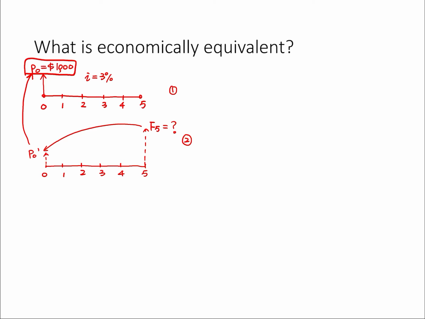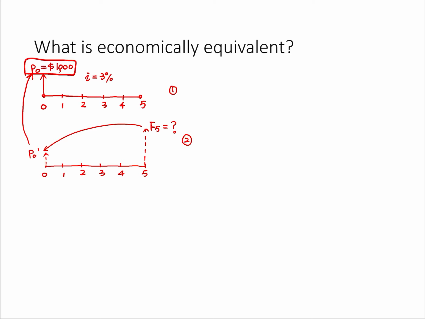But the idea is, if you convert everything to the present for case 1, and you do the same thing, you convert everything in scenario 2 to present time 0. If the present values at 0 in the two cases are exactly the same, then we could say case 1 and case 2's cash flows are equivalent.